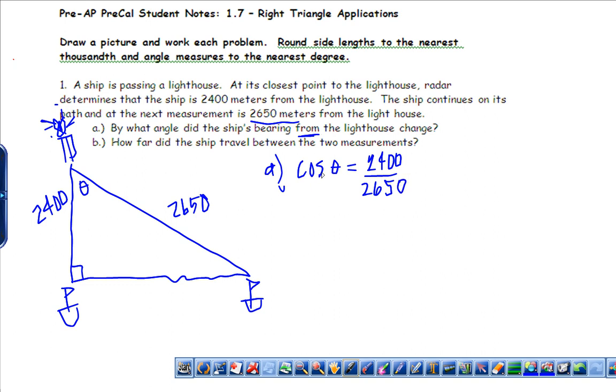And because I'm looking for theta, I can just rewrite from our previous notes, and that's going to change to an arc cosine of 2,400 over 2,650. Now remember, your calculator needs to be in degrees in order to figure this answer out. And I got 25 degrees, rounded to a whole number.